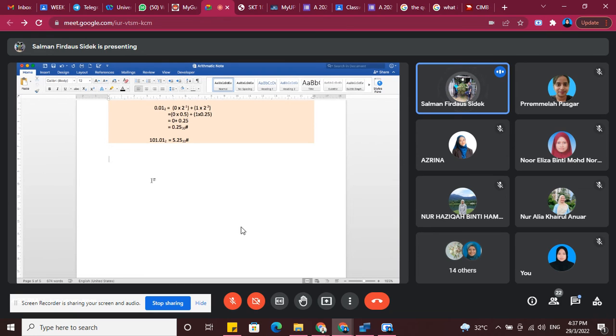Okay, let's say we have floating point. Tadi fixed point, ni floating point.